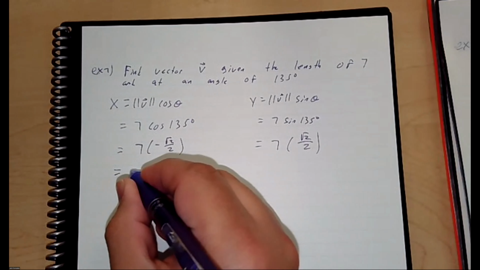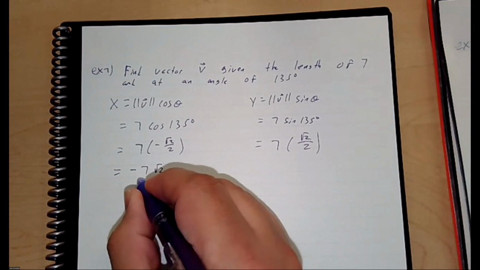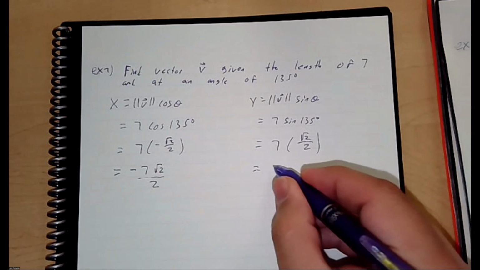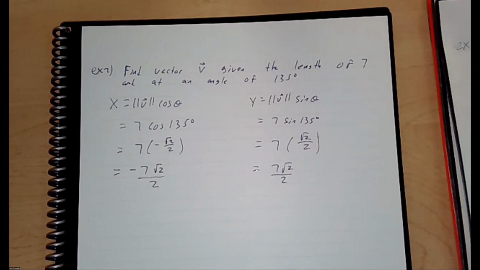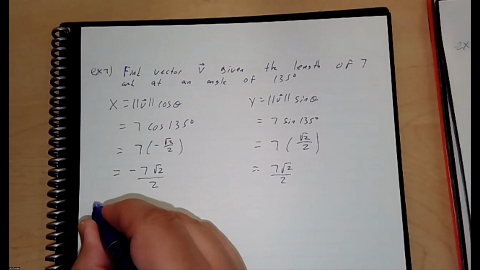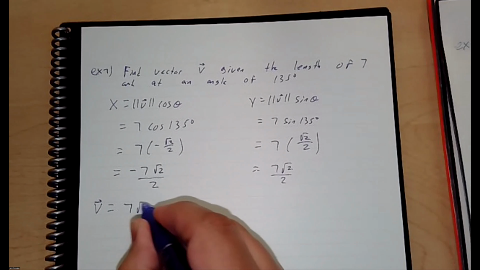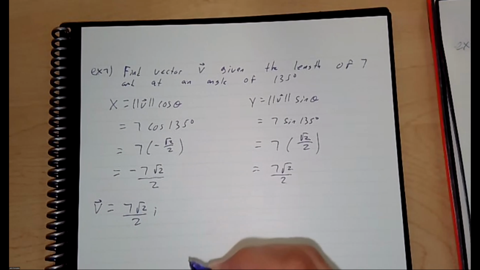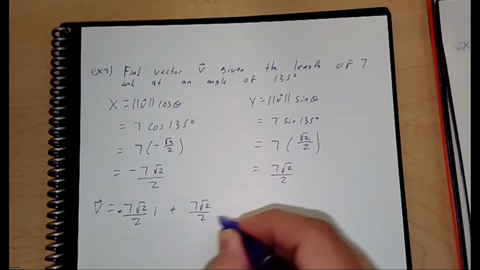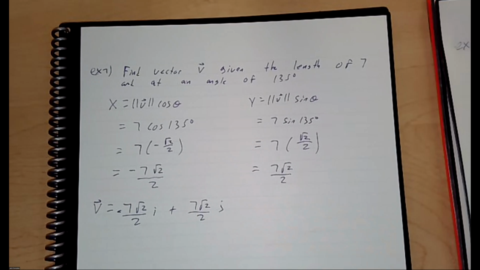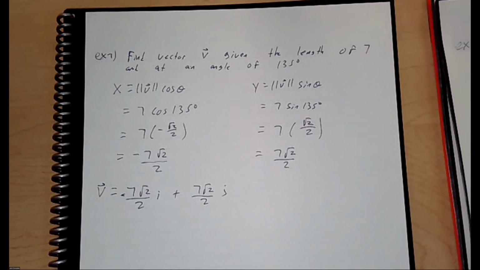So our answer will be this. So the vector v would be negative 7 root 2 over 2 i plus 7 root 2 over 2 j. That makes sense?